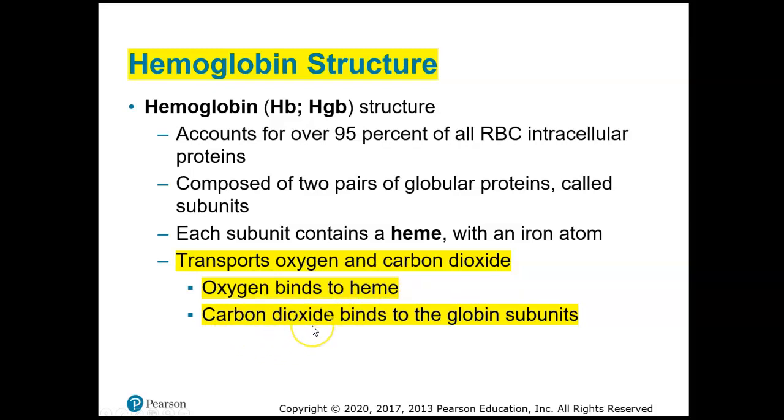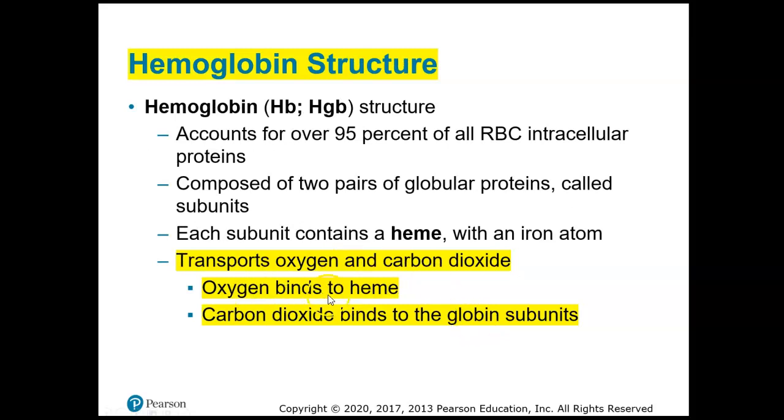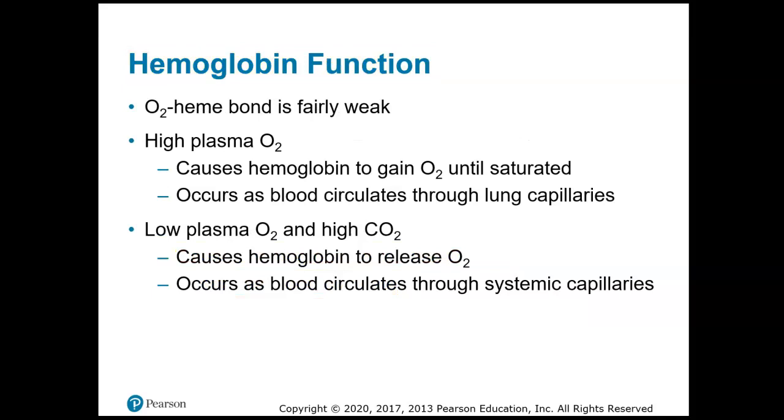And then carbon dioxide binds to the globin subunits of the hemoglobin. Most oxygen is transported by hemoglobin, but some carbon dioxide is attached to hemoglobin, while other carbon dioxide is transported dissolved as bicarbonate ions in the blood.